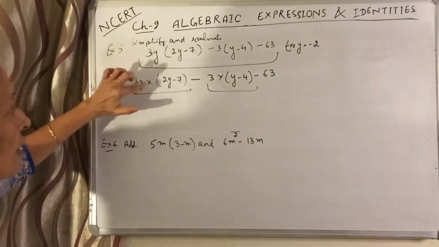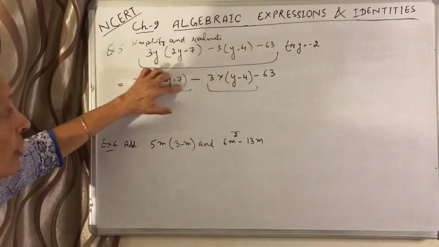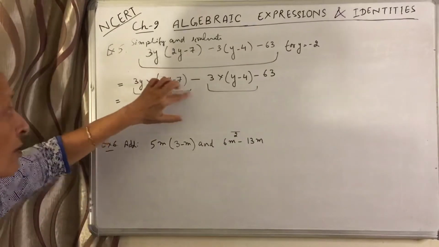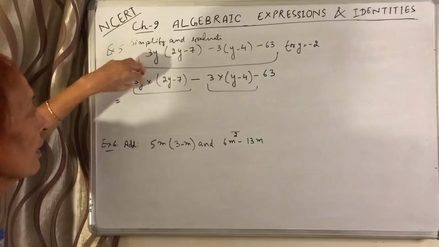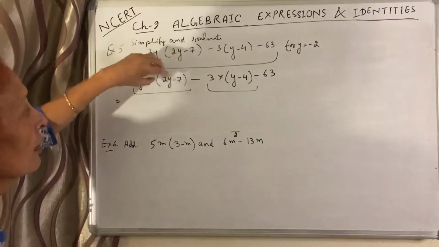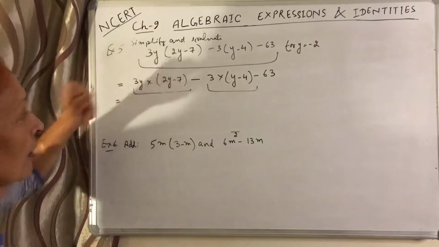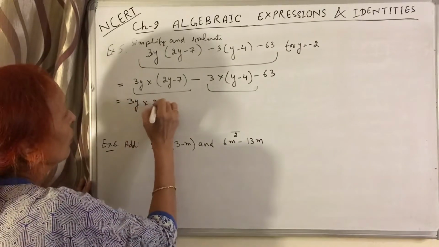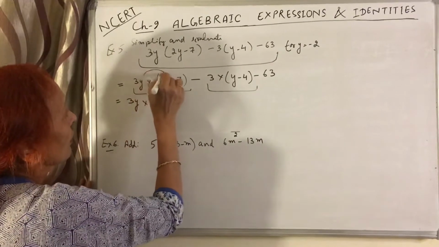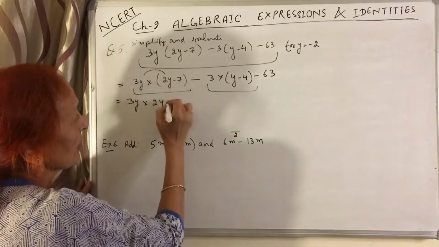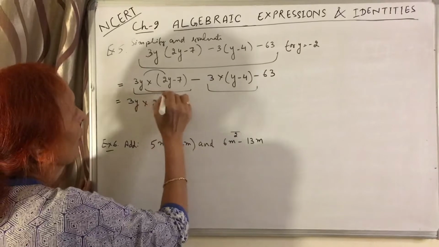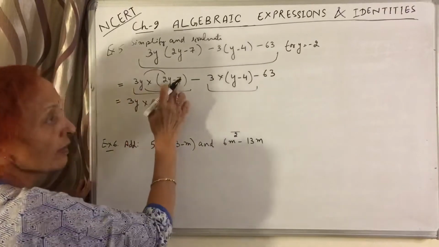Here this is a monomial and this is a binomial having two terms. So multiplication of a monomial with a binomial means we will multiply this term with each term of this. So first 3y into 2y. This is the first term, then the same sign, minus here, then 3y multiplied with the second term.